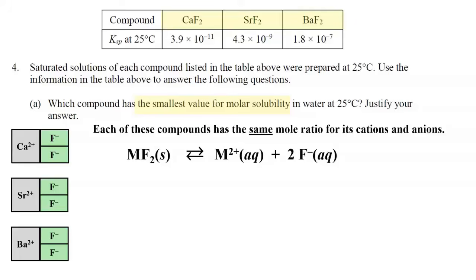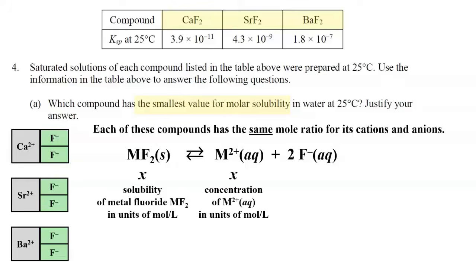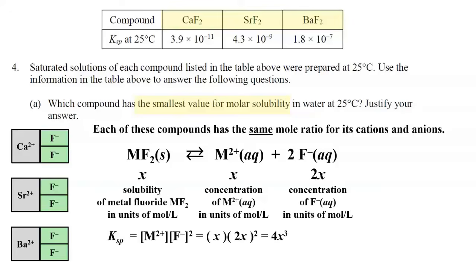So in general, we're going to get the solubility of the metal fluoride, X. The concentration of the metal aqueous ion will be X. And the concentration of the fluoride ion in solution will be 2X. That makes X times the quantity 2X squared for the KSP equal to 4X cubed.